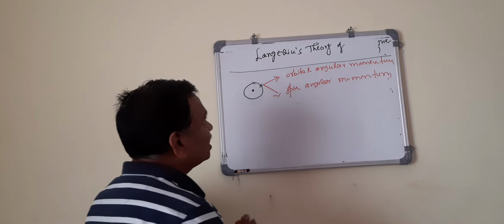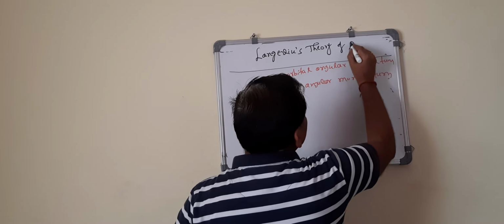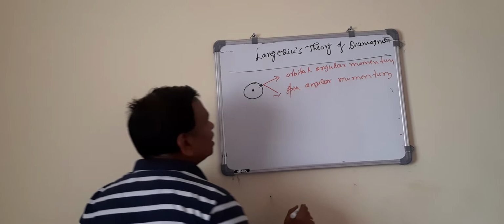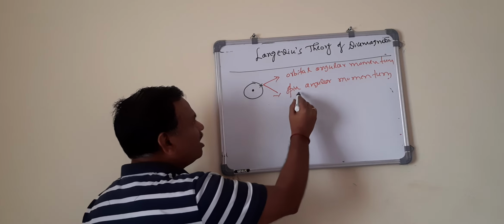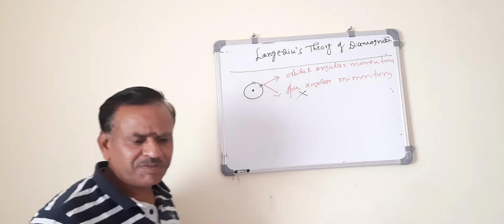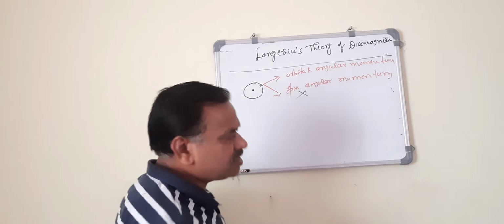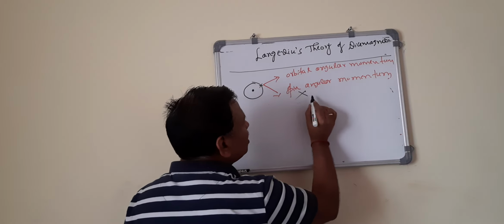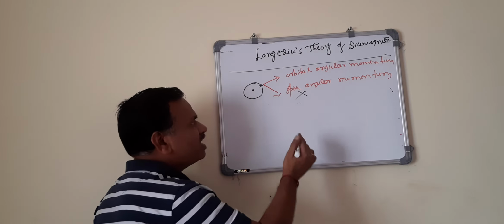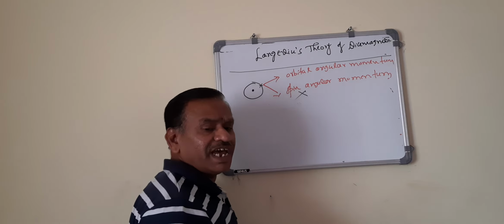In diamagnetic materials, there is no contribution made by spin angular momentum. For example, as I told you, the atomic number is an even number, and with even numbers electron pairing is there, so there is no spin angular momentum.